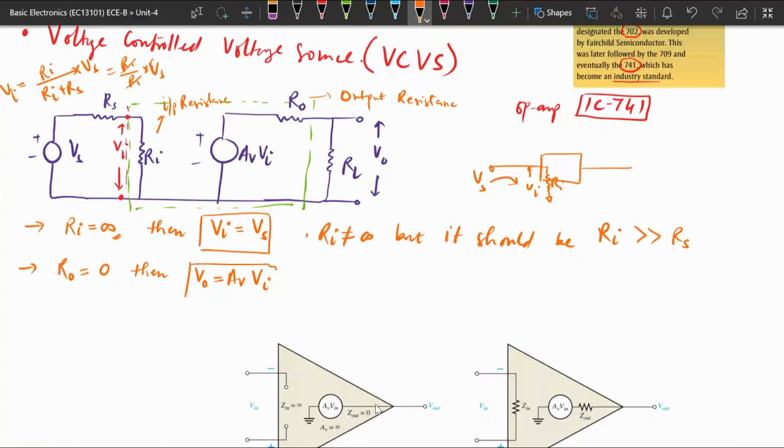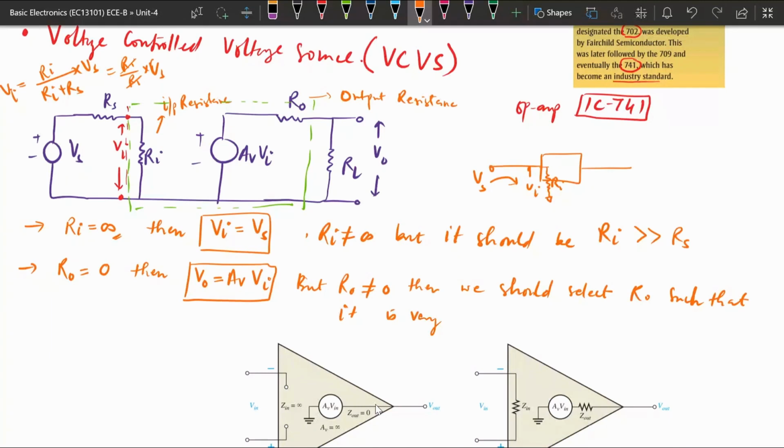But if R output is not equal to 0, then we should select R output such that it is very less than RL.